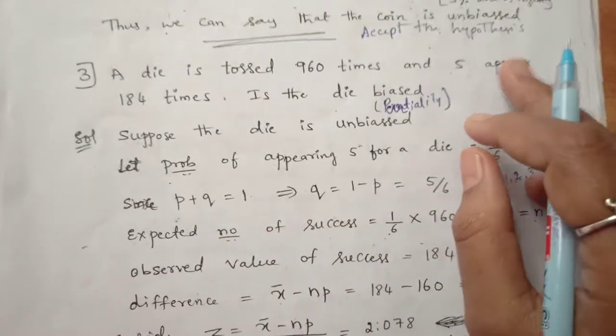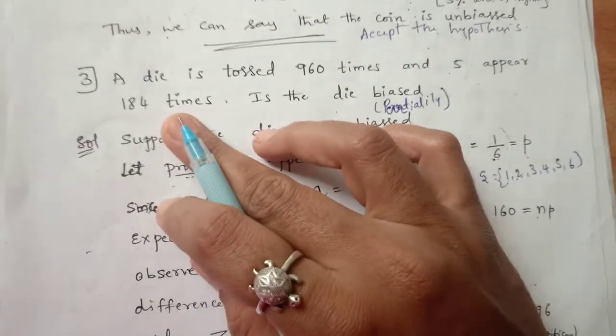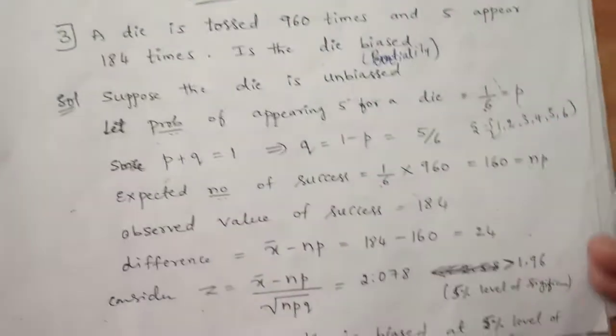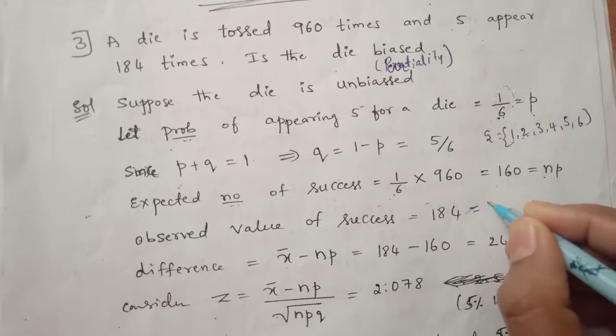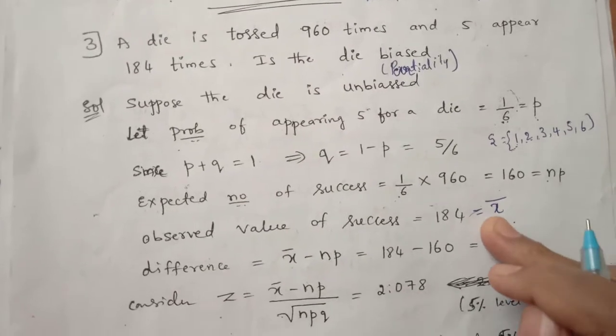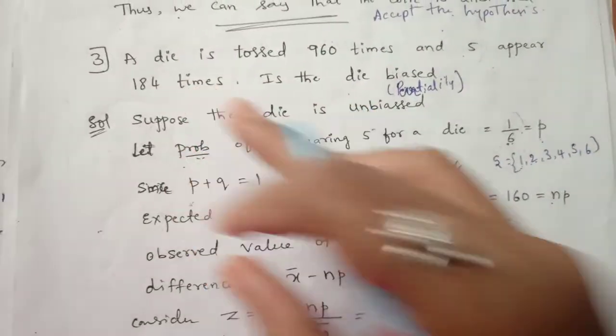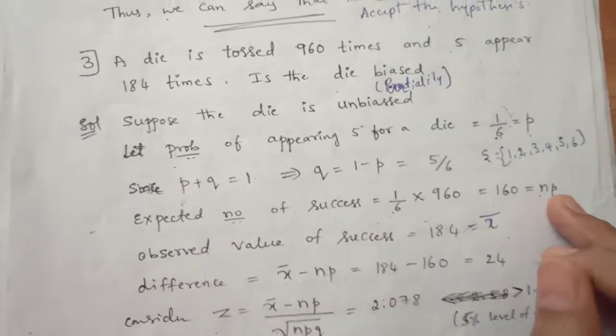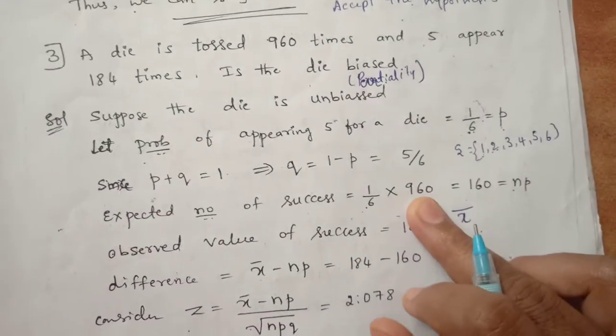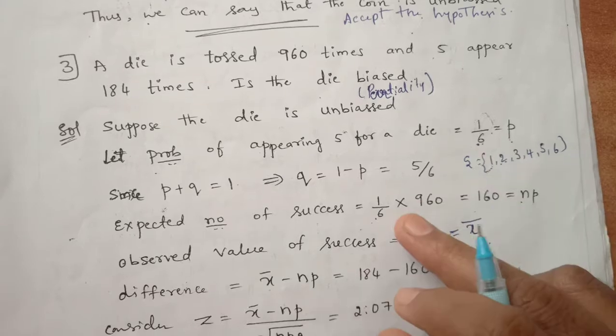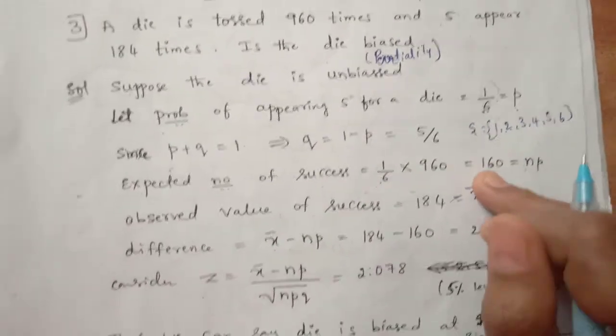And whatever value they give in the problem, that is your observed number of success, this is your x bar. In the problem what they have given is x bar, and what we are finding is n into P, 960 into probability of success, that is 160.